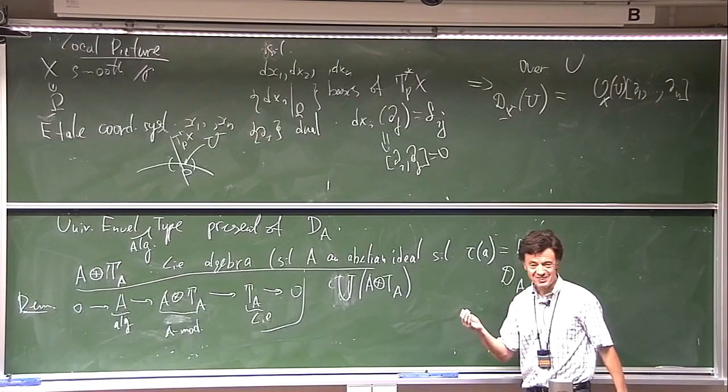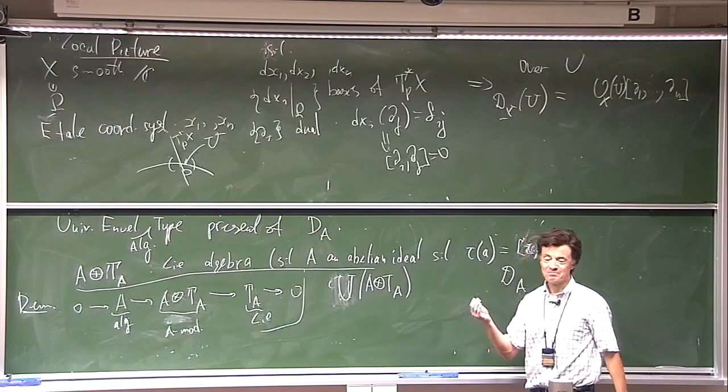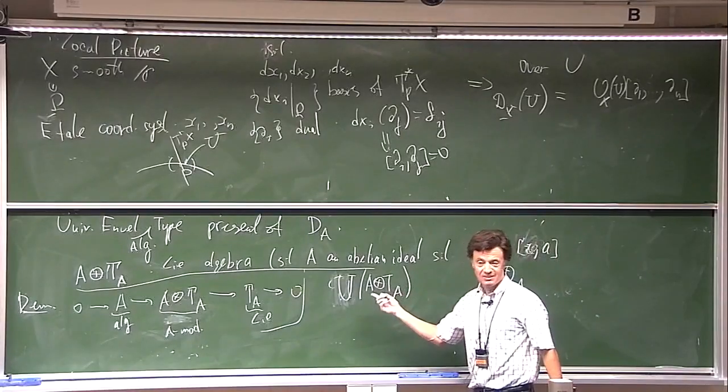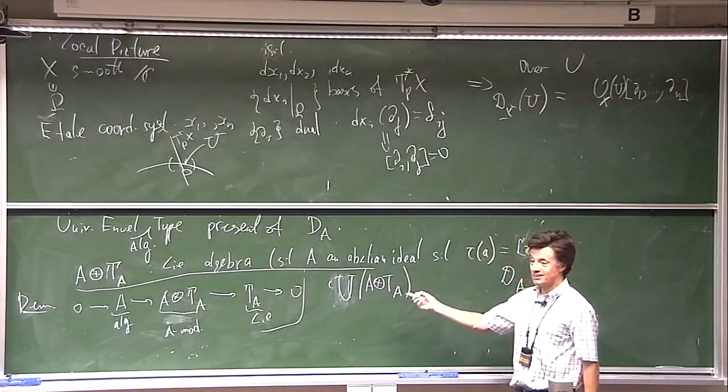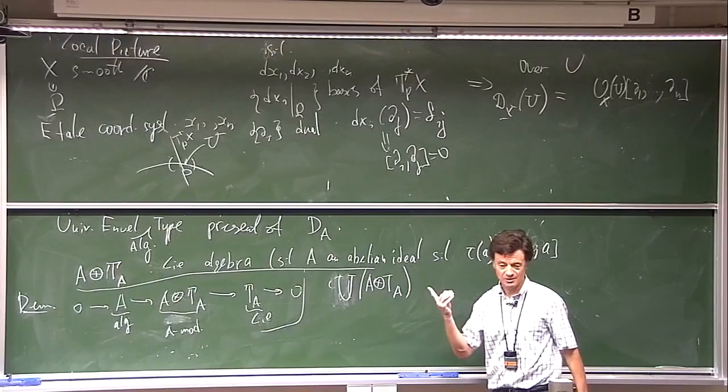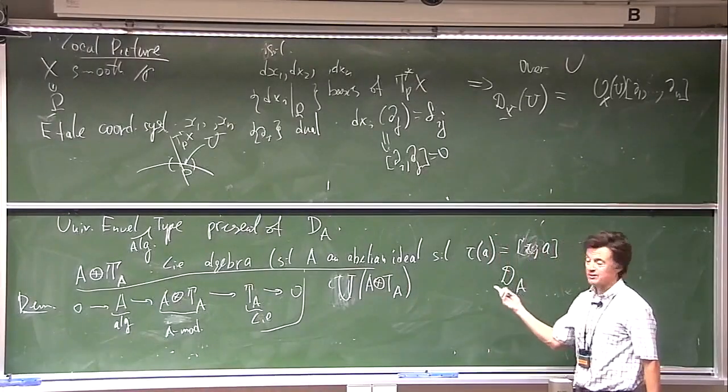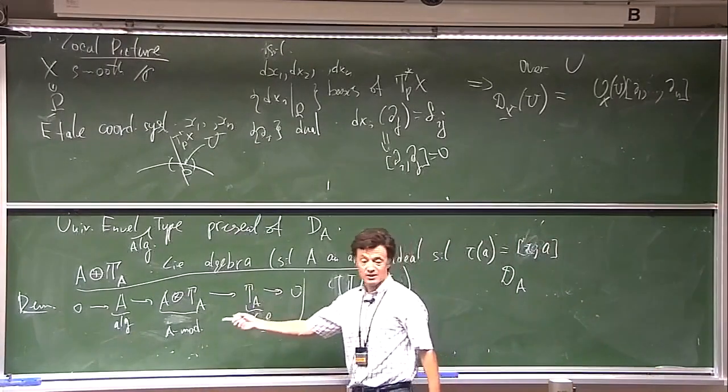Why? It's not just a Lie algebra. What they have in common is hidden in the word Lie algebra. The way they are different is hidden in the word A module.